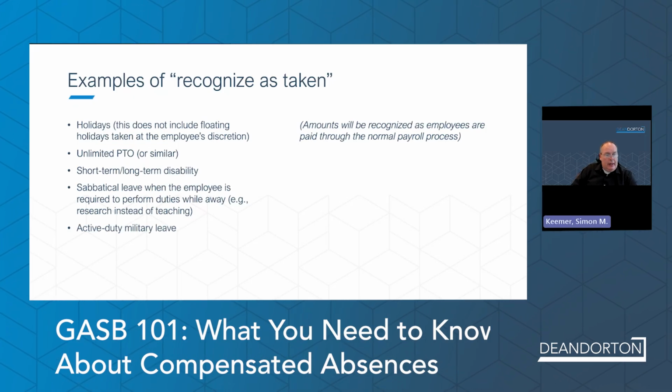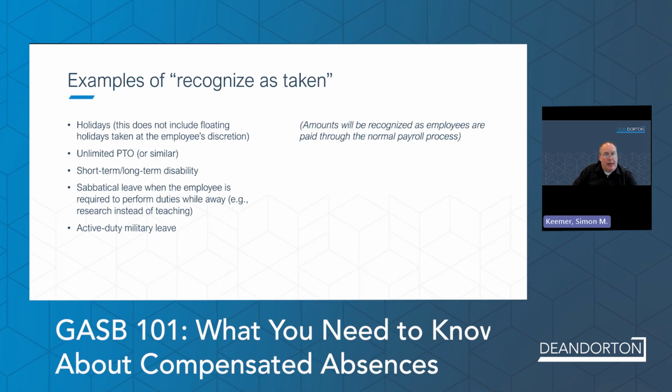And then the final area here is also the second bucket of military leave, where this is actually active duty military leave. The other military leave, which was for the National Guard type leave, was in the recognize when leave commences, and then active duty military leave falls under the recognize as it is taken, so expensing it through your normal payroll process.